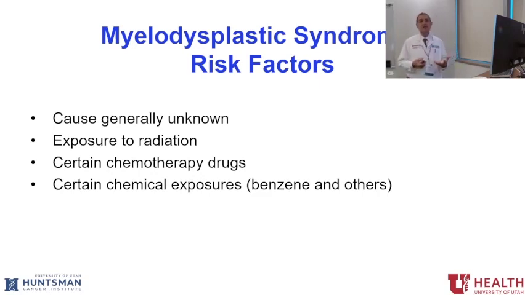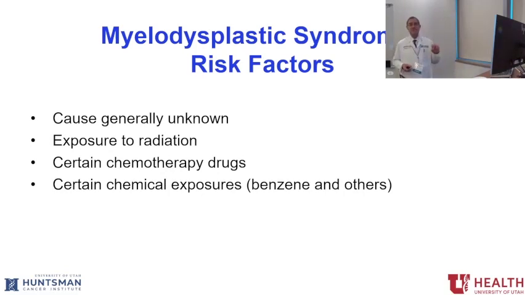So what causes the disease? In general, we don't know. We talked about these mutations, and these could happen just from living long enough. But there are certain known risk factors, like exposure to radiation, such as radiation for the treatment of another cancer, or radiation from working with radiation, or exposure to industrial radiation, depending on the job that one is involved in.